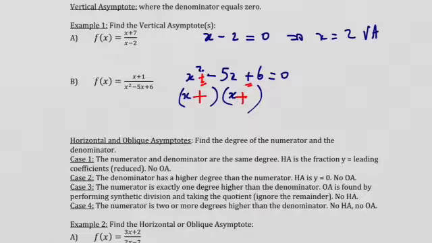If I decide to take the 1 and a 6, I'm getting a plus 6, but I need to have a minus 5. And the only way to have the middle term equal minus 5 is to have a negative 6 right here. Do I need to have a minus 1 right there? Because I'm looking for a plus 6.